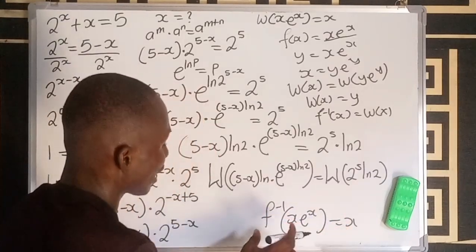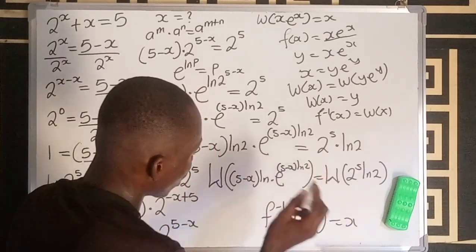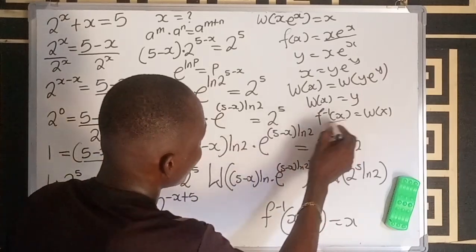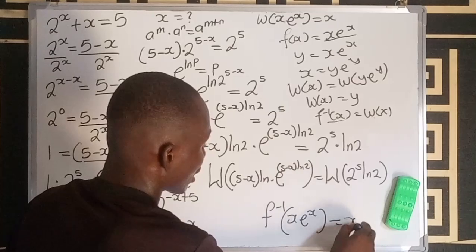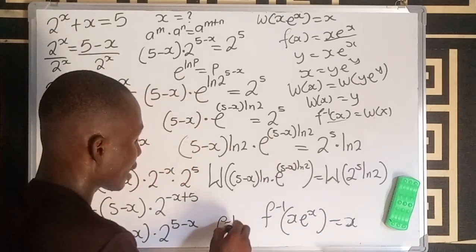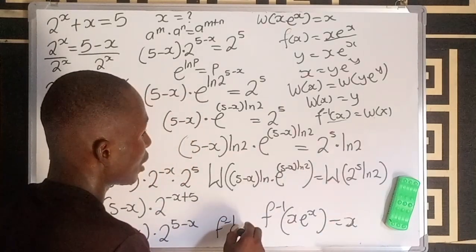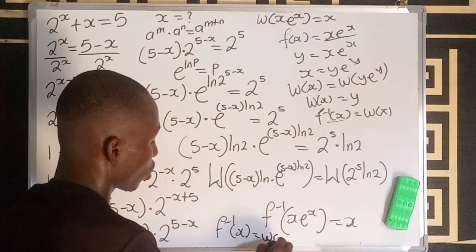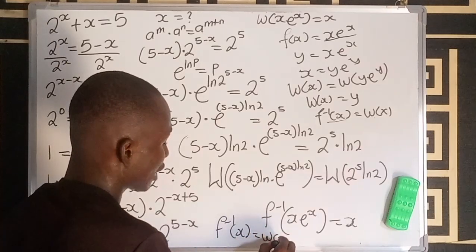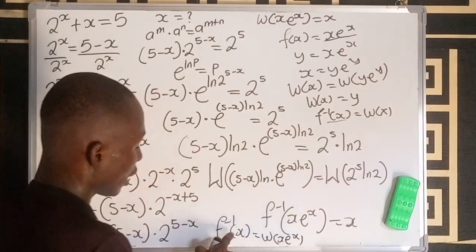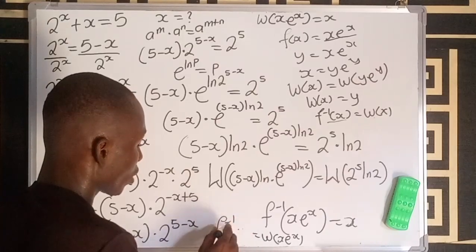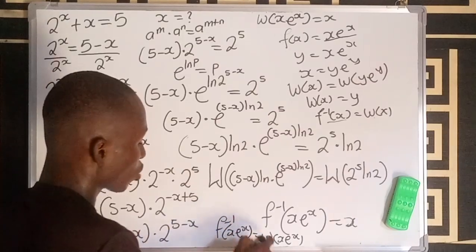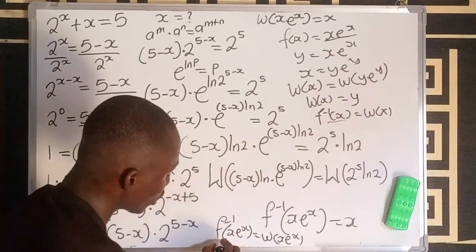So since this is equal to this, that means if I put x multiplied by e to the x in here, all this is just x.